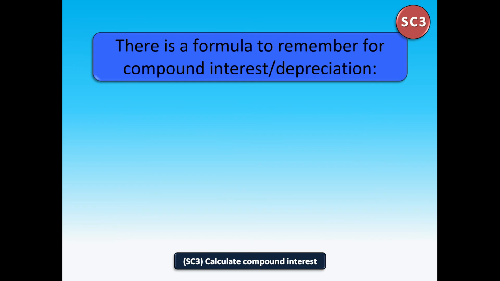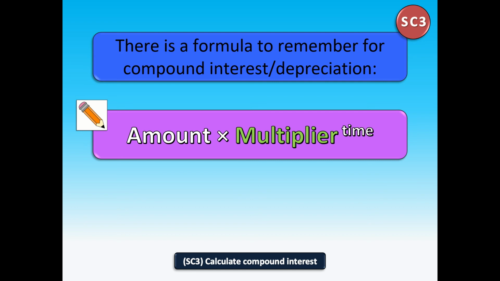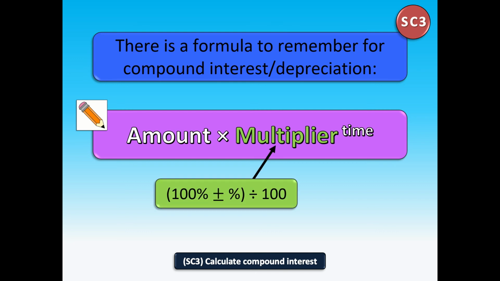So there is a formula to remember for compound interest and depreciation. We do the amount times the multiplier to the power of time. Now remember, the multiplier is 100% plus or minus the percentage divided by 100.